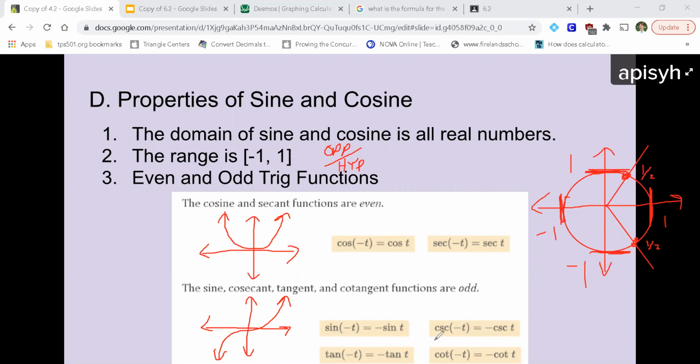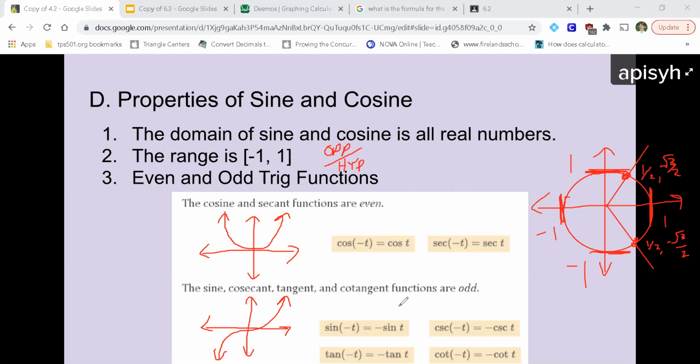Sine, cosecant, tangent, and cotangent are odd because when you go to negative angles, you get the opposite answer. So again, back to that Bellwork example we did, this y value is square root of 3/2, and its negative angle is negative square root of 3/2.